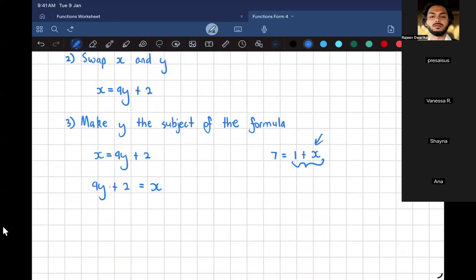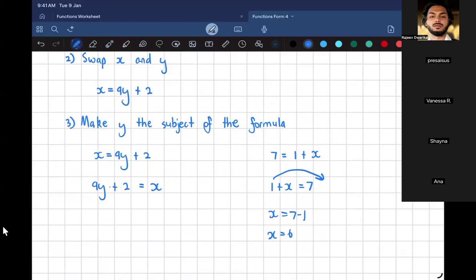Left. So it would be possible for me to write that as 1 plus x equal to 7. From here you can just move across the 1 and it'll be 7 minus 1, so x will be equal to 6. Bam.